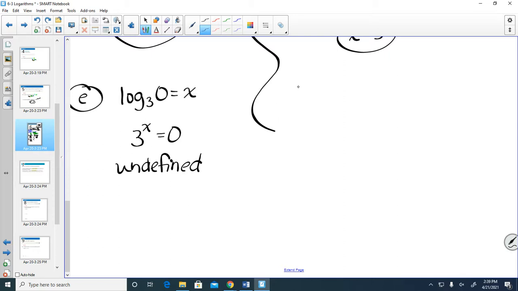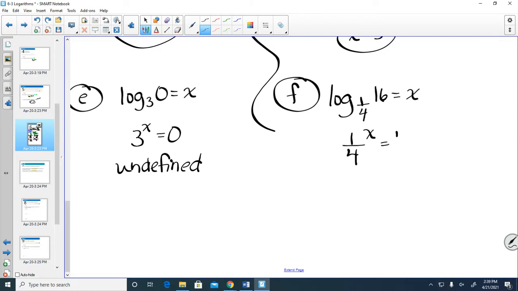And then maybe one more, example F. Log base 1/4 of 16. So if I change it to exponential form, 1/4 to the x is equal to 16. And I see the 4, I see 16, that makes me think of 4 squared. So I'm going to try to write both of these with a base of 4.